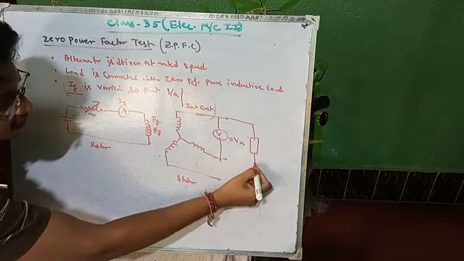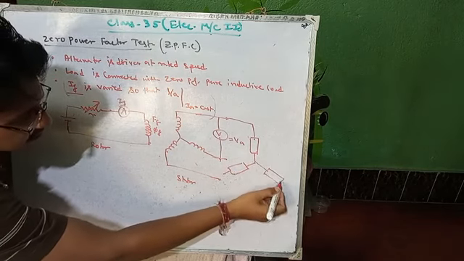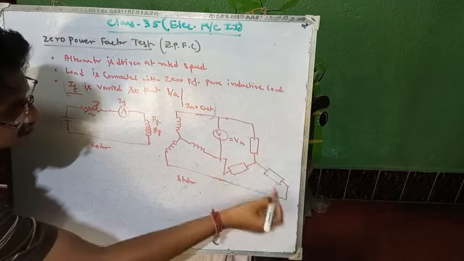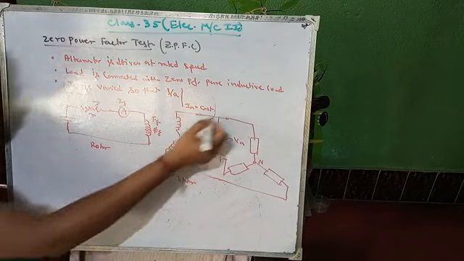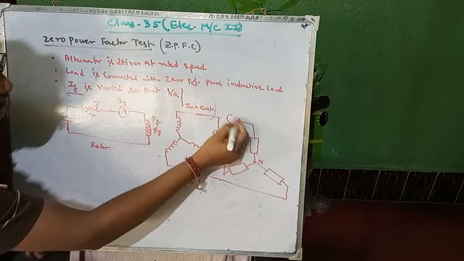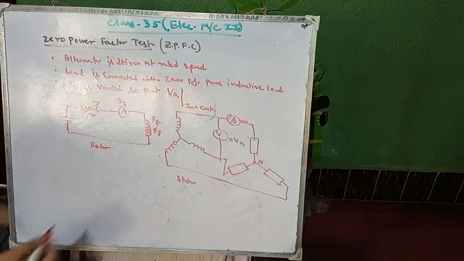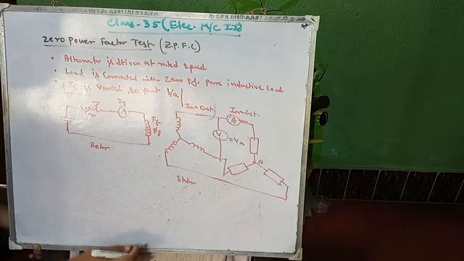There will be an ammeter measuring IA, and this IA should be constant.